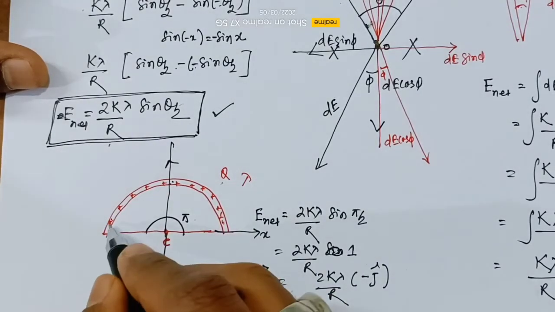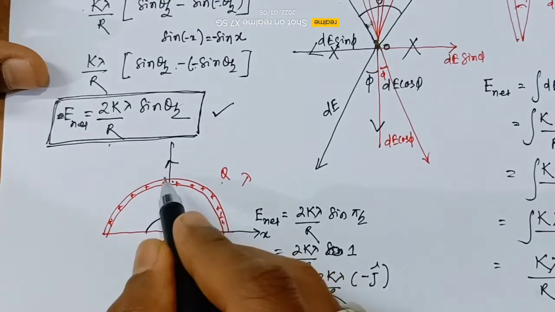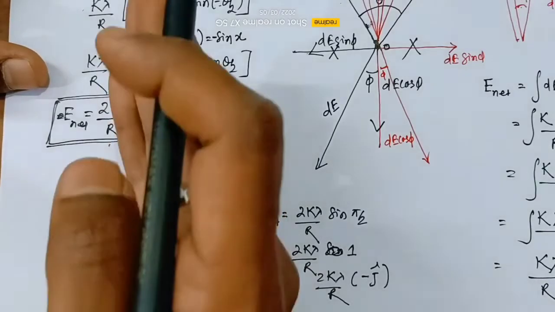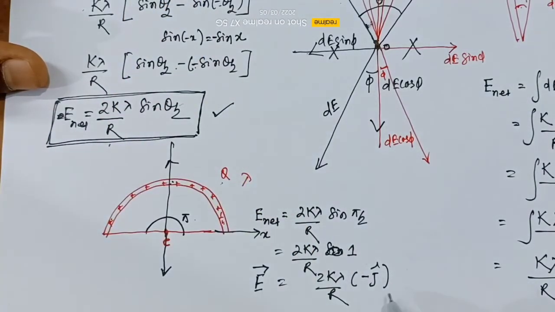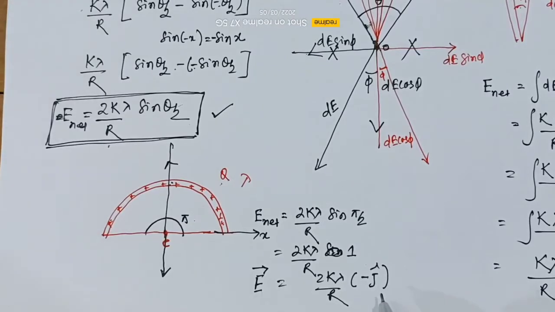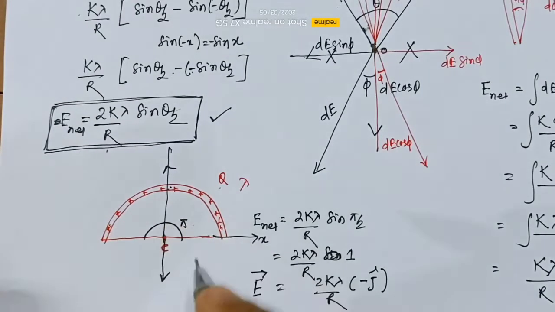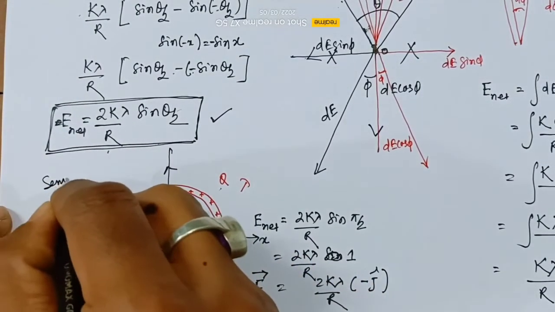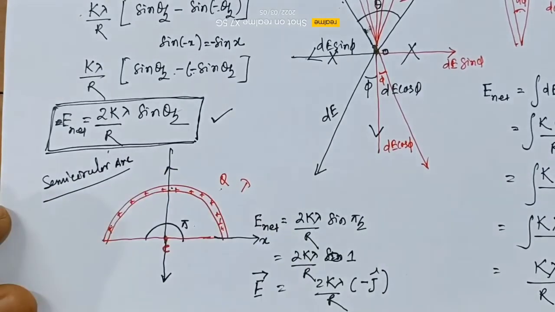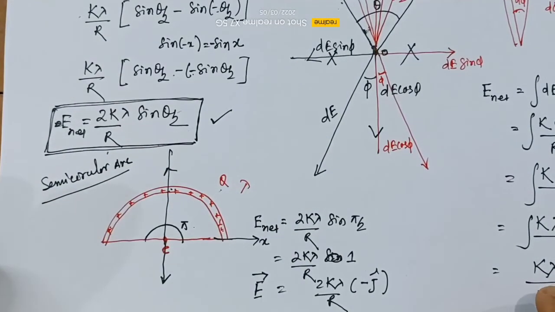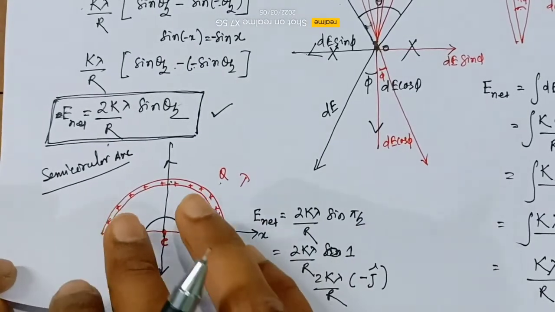If someone considers this a negative charge, then what will happen? The direction is upward. You can say 2k lambda by r plus j cap. This is for a semicircular arc.